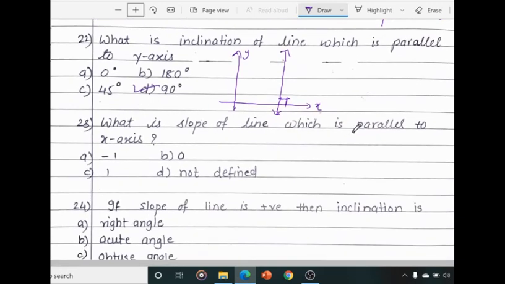What is the slope of a line which is parallel to the x-axis? For a line parallel to the x-axis, the slope is tan 0. Tan 0 degrees is 0.